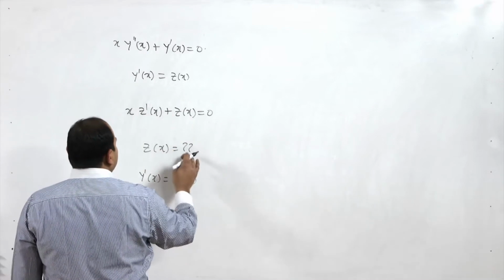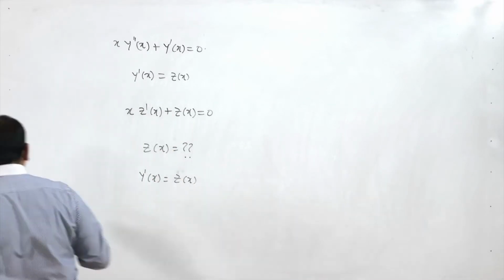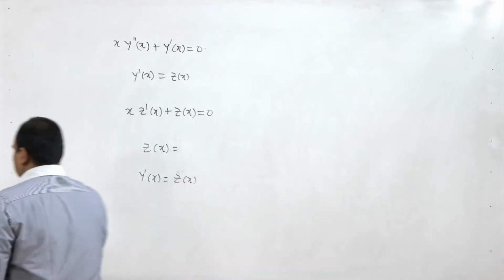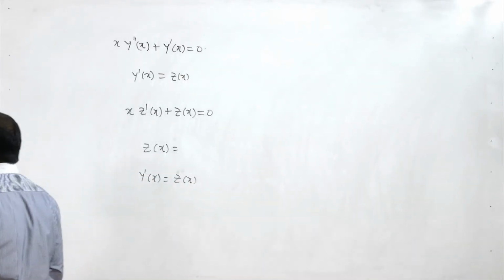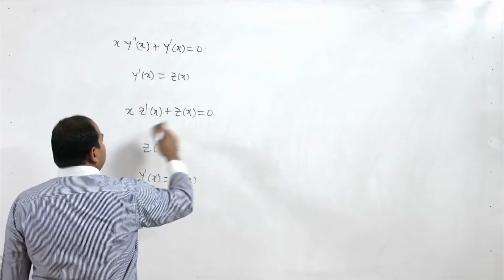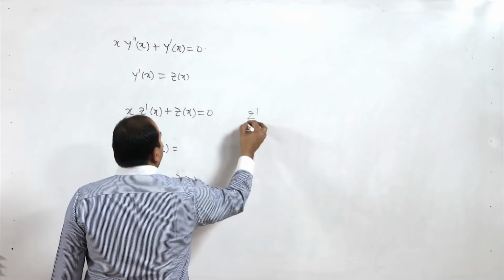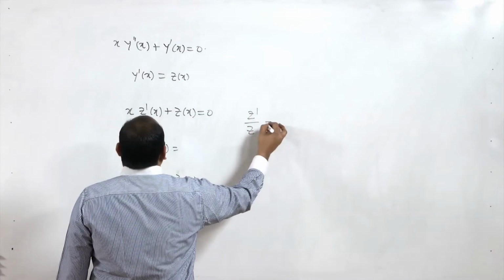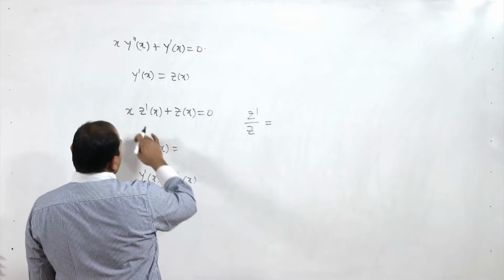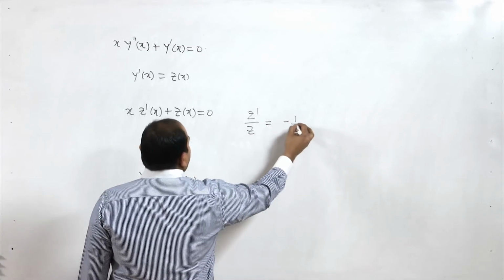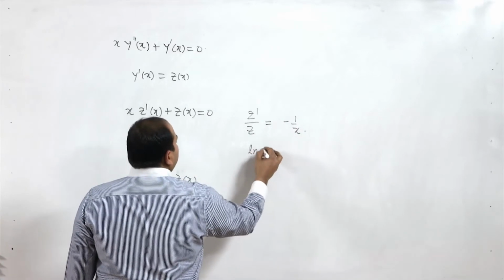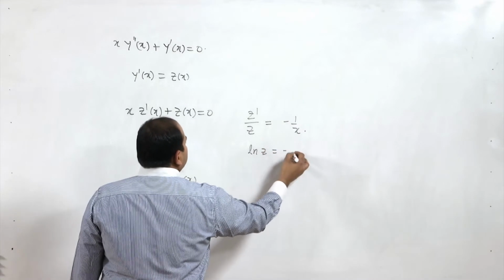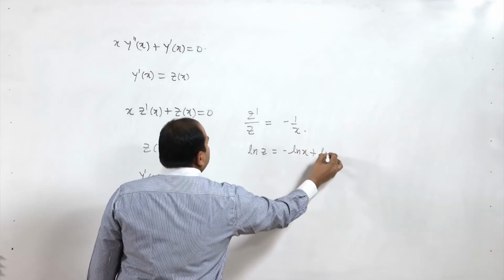If you solve this, z dash upon z equal to minus 1 upon x. So we can say that ln z equal to minus ln x plus ln c.